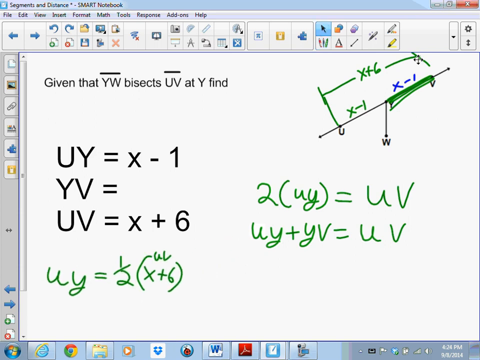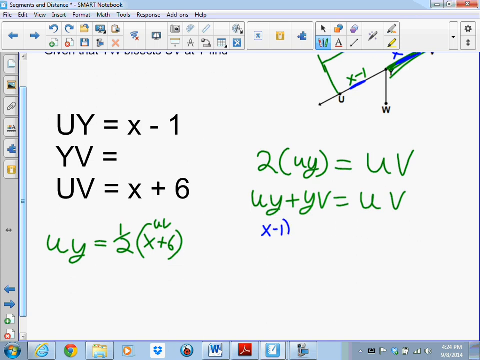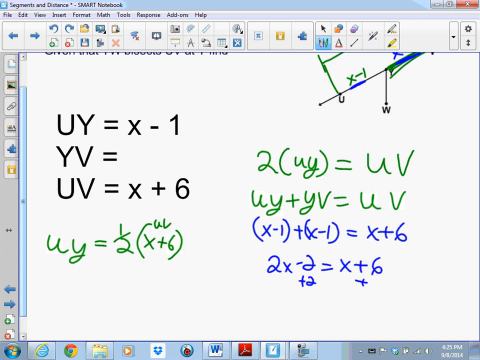They are the same, so we're going to put x minus 1, and then we can add them together. So we have x minus 1 plus x minus 1 equals x plus 6. We have 2x minus 2 equals x plus 6. Add 2 on both sides.